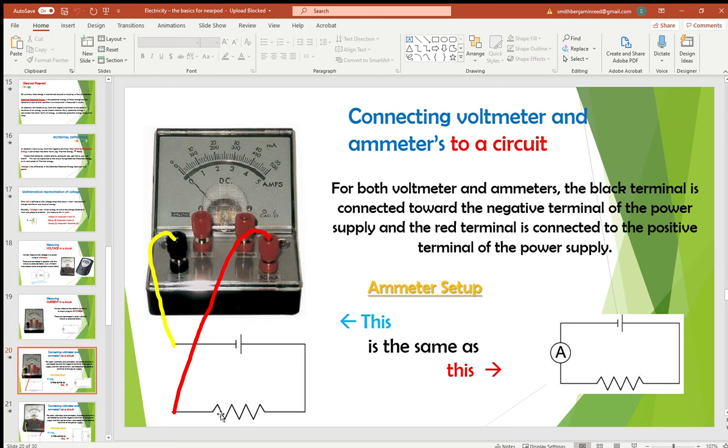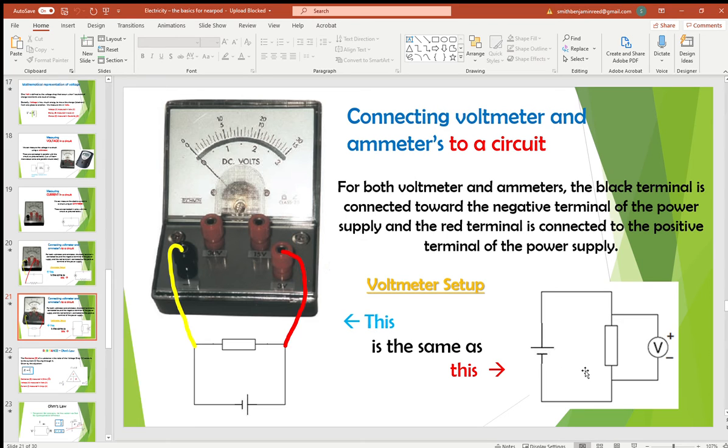This setup right here is the exact same thing shown on the right. So here is your battery, here is your ammeter, and here is your resistor. And so this is hooked directly into the circuit. This is called series. So when it's hooked up directly into it, then you can actually read the current.